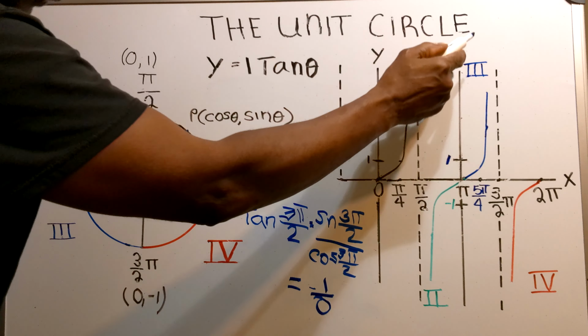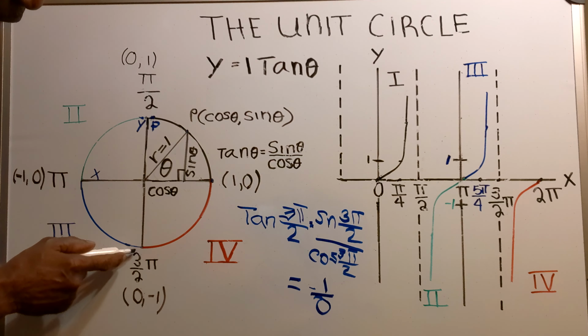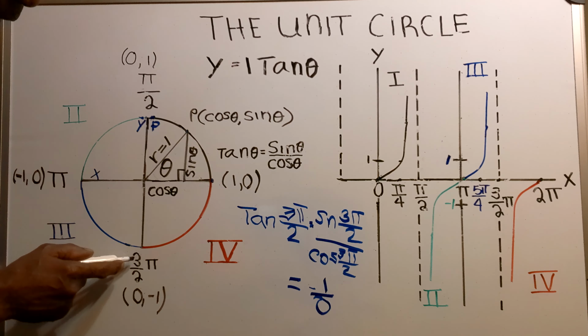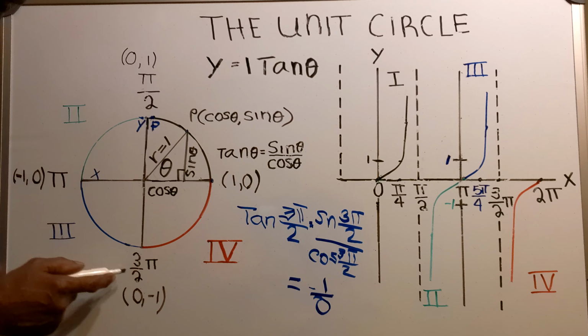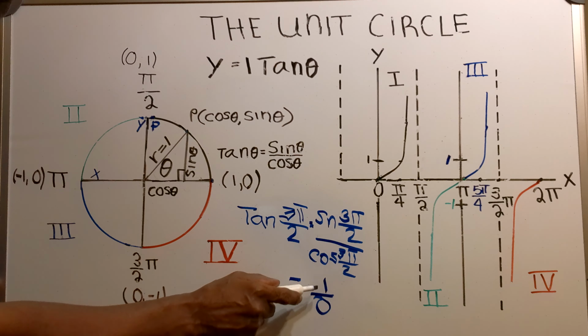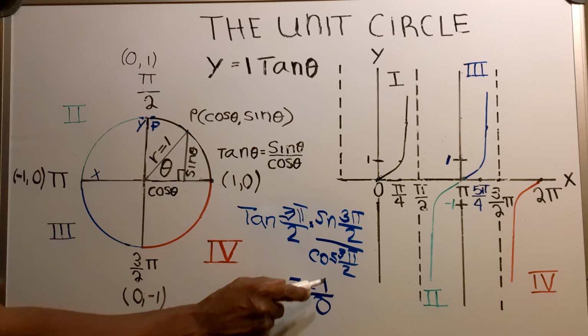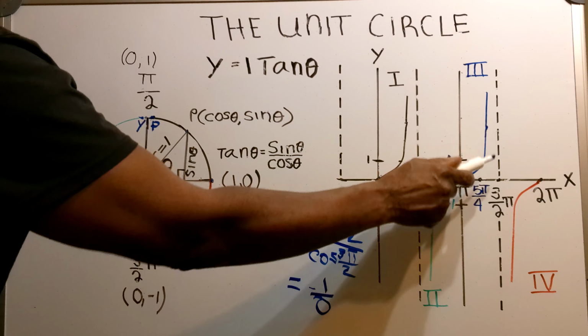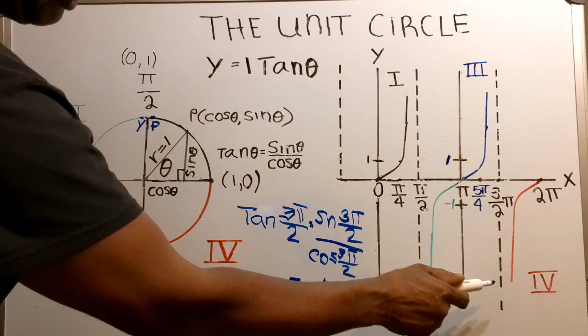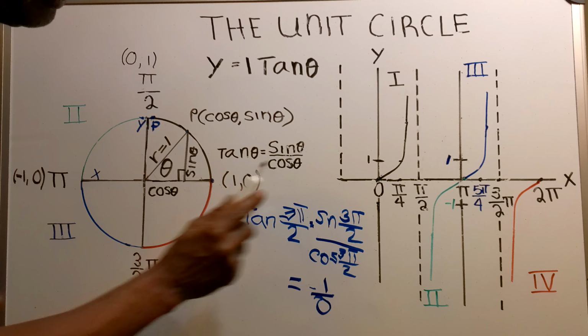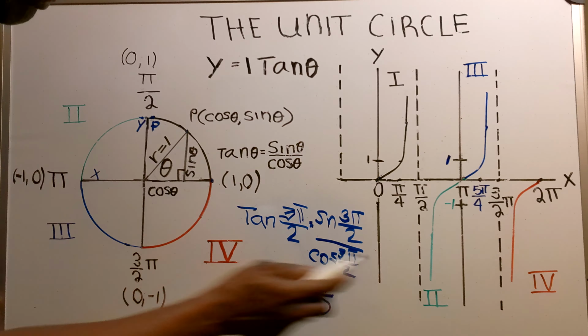This line goes to infinity, and it never touches 3 pi over 2, because 3 pi over 2 will give you a tangent of minus 1 over 0, and minus 1 over 0 cannot be plotted on the graph. Now you're over into quadrant 4.